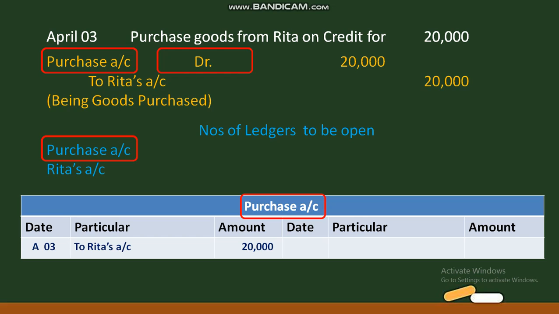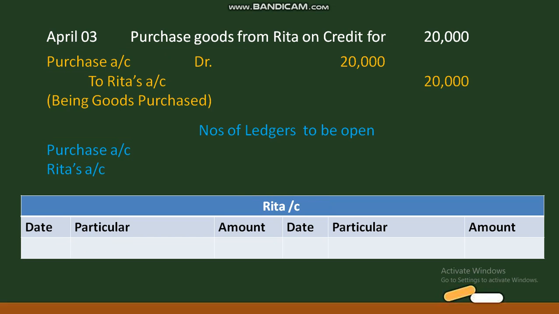Now next we have to prepare Rita's account. The same transaction is there, everything is the same. In place of purchase account we write Rita's account. The columns will be the same: date, particulars, amount, date, particulars, amount. Here we are going to prepare Rita's account. So has Rita been debited or credited in this transaction?